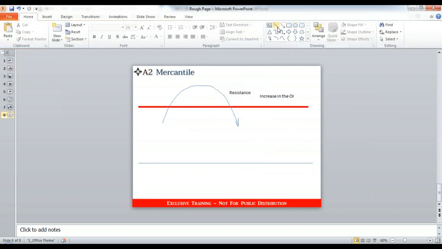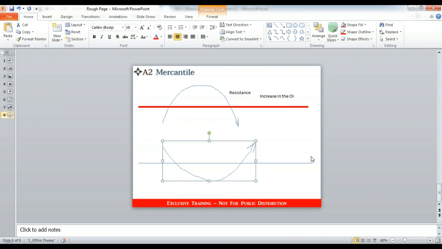The same way, this is the low of any day. If the price goes down like this and returns back up, the next day it goes down and comes back up. Can you consider this to be a support?